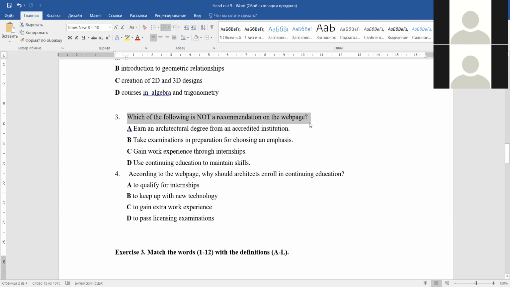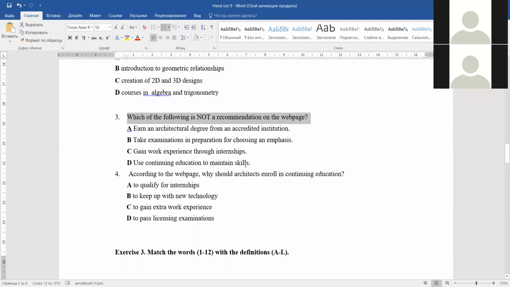Who can answer this question? Что не рекомендует эта веб-страница? Aysana, can you answer? Which of the following is not recommendation of the web page?